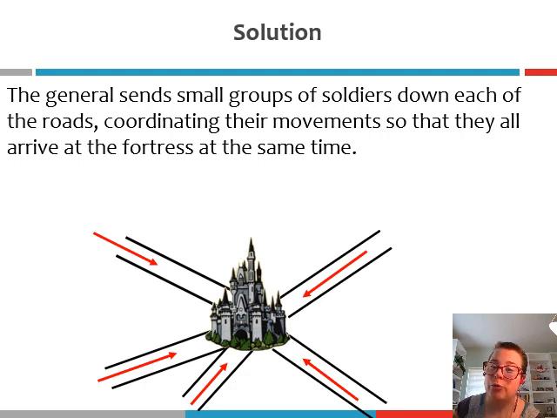So just like we're using small intensity rays to converge upon the center of the tumor, we're sending small groups of soldiers to converge upon the fortress. Right? And when participants were given this problem beforehand, right, that number of 10% increased to 30%.